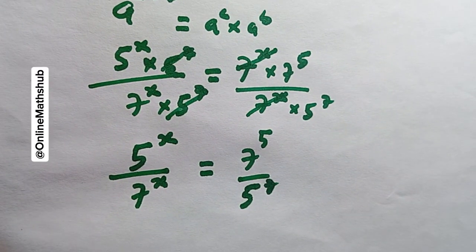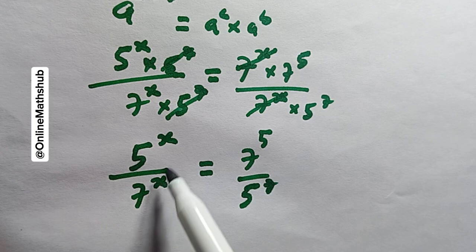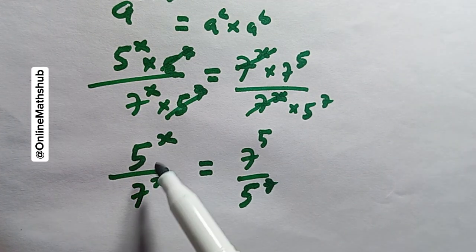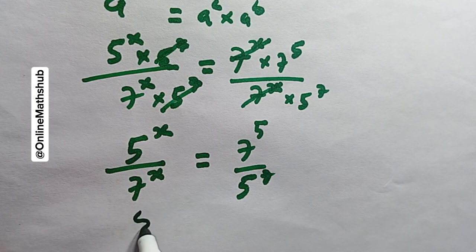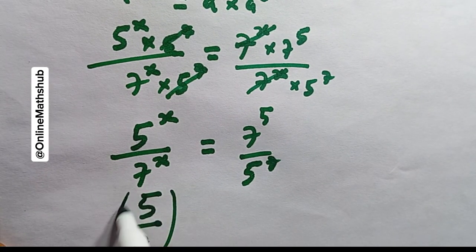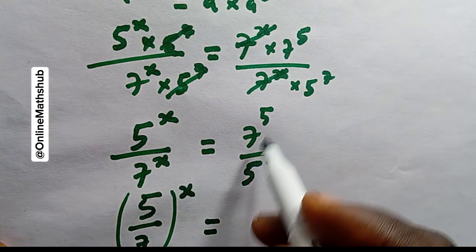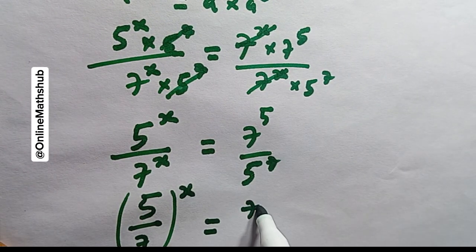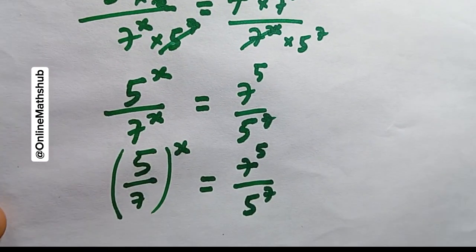Okay, so this is what I have, and you can see that at the left hand side the denominator and the numerator have x in common, so I can factor that out. This now becomes (5/7)^x is equal to, since nothing is common here, I can just leave this as it is, 7^5 divided by 5^7.